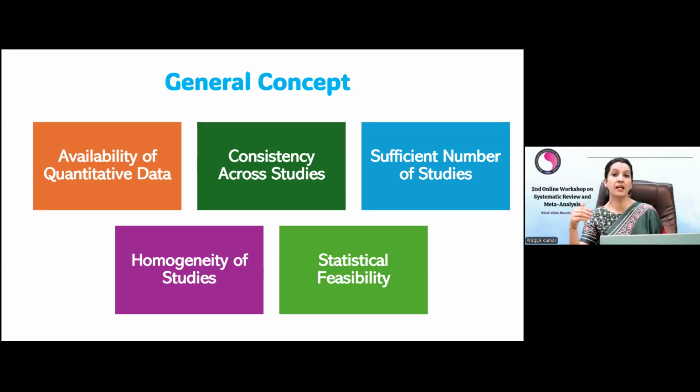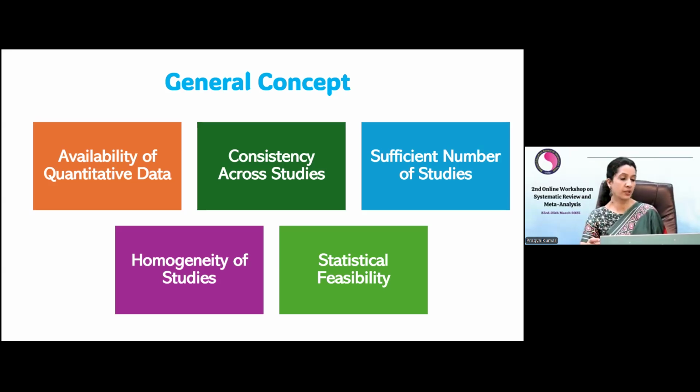And then regarding the sufficient number of studies. This question is often asked: how many studies should there be for the meta-analysis? We say even at least 2 studies are needed to perform a meta-analysis. So a minimum of 2 studies.